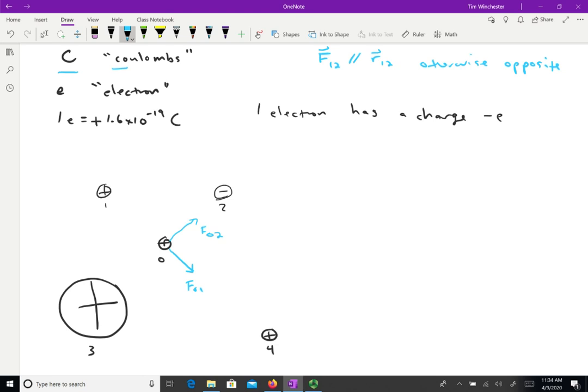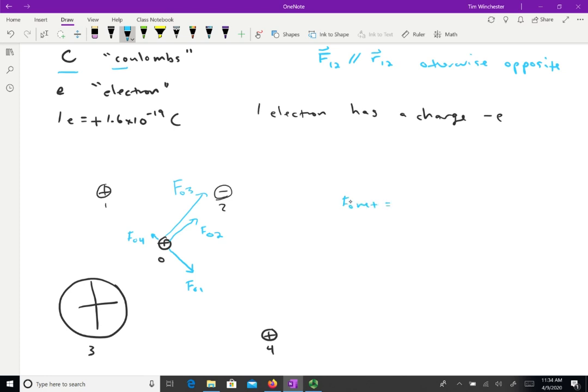For charge 3, it's going to repel, and it'll repel a lot because it's big, so I'll have a force like this, F03. And then charge 4 is going to repel, but it'll be a smaller force because it's further away. So F04.